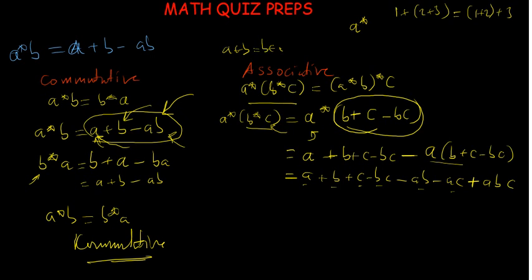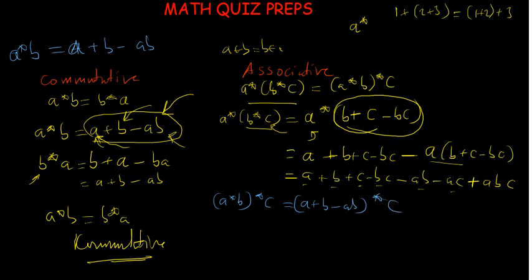So now we can go to a star b and then star c. We know that a star b is giving us this portion here. So we are going to get a plus b minus ab, and we take this star c.